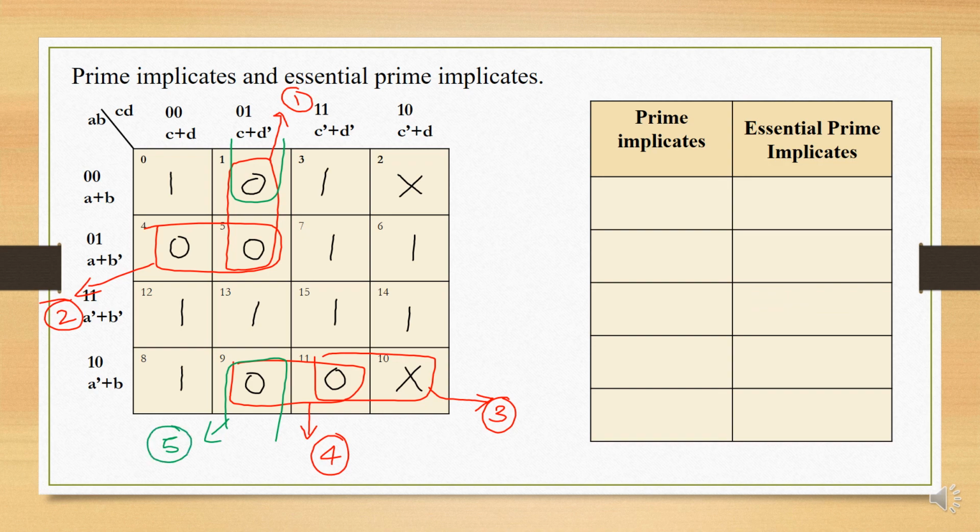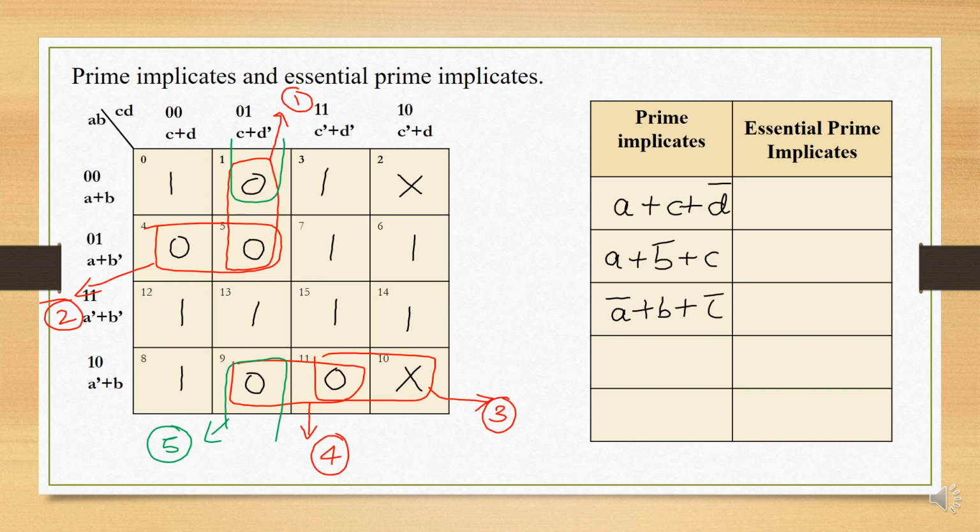So let us now write the prime implicates considering each of the groups here. Considering group number 1, we have the prime implicate A plus C plus D bar. Considering group number 2, we have the prime implicate A plus B bar plus C. Considering group number 3, we have A bar plus B plus C bar.